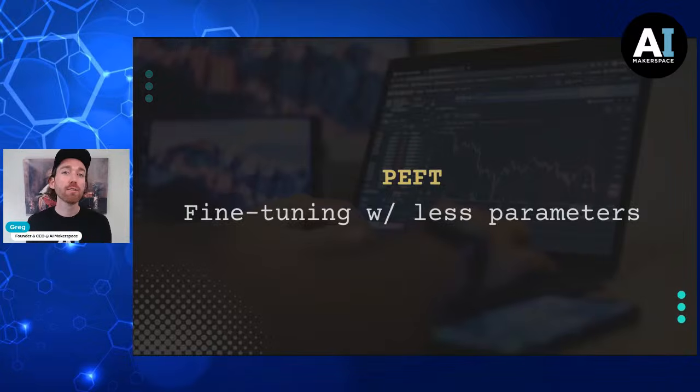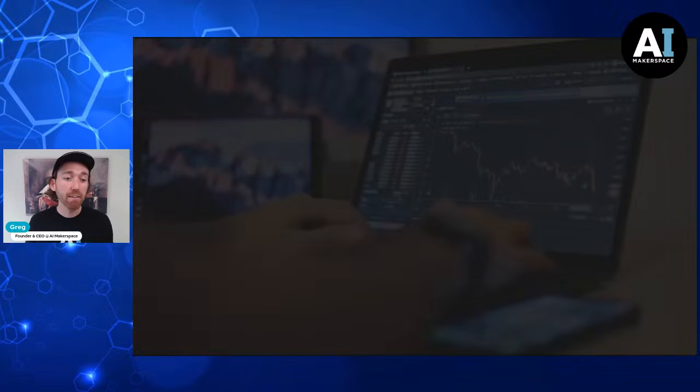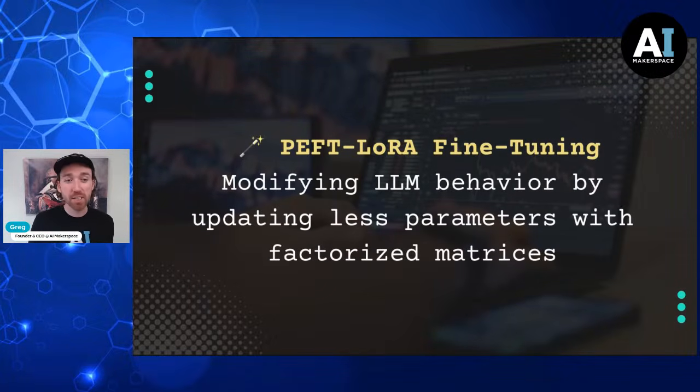And we talked about LoRA, low-rank adaptation, which is fine-tuning with factorized or decomposed matrices. So if we put it all together, we have PEFT LoRA fine-tuning, which is just modifying LLM behavior by updating less weights or parameters with decomposition and factorized matrices.